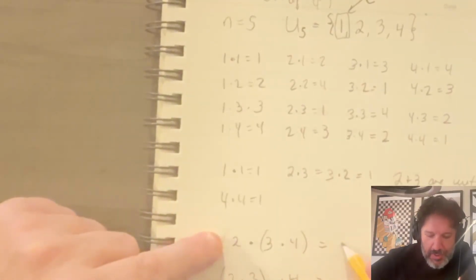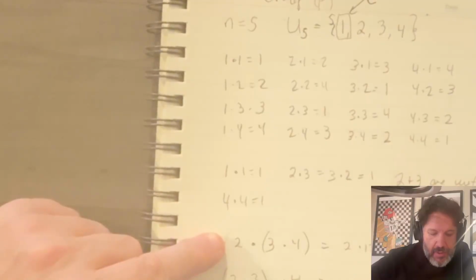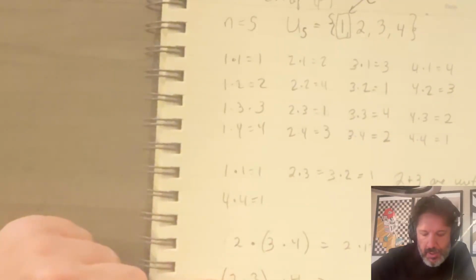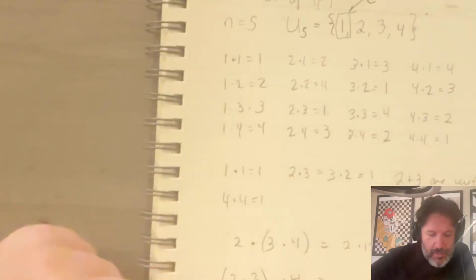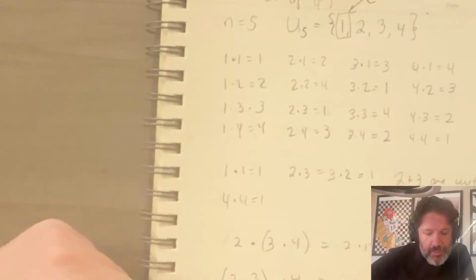The first one is 2 times 12, and that is 24, but mod 5 is 4. All right, cool. By the way, if I really wanted to be on another level of rigor, I wouldn't have done this multiplication.